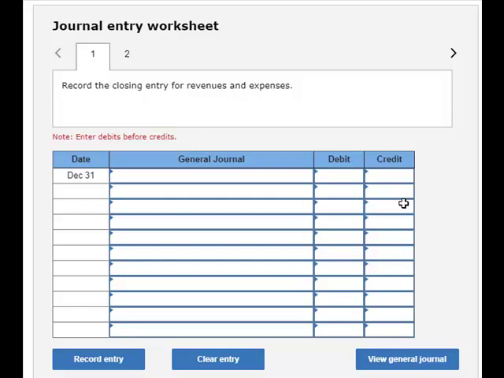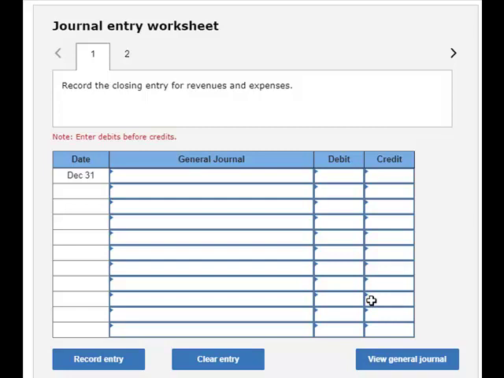So you'll also notice that the total of the debits, the revenues, minus all the credits, the expenses, equals the net income. In other words, we need one more credit in the amount of net income to balance our journal entry, and that credit will be to the retained earnings account.